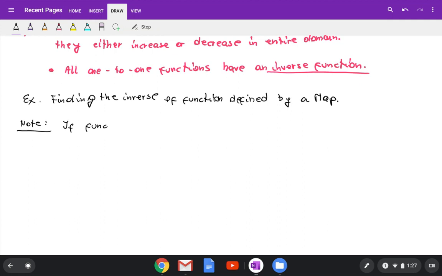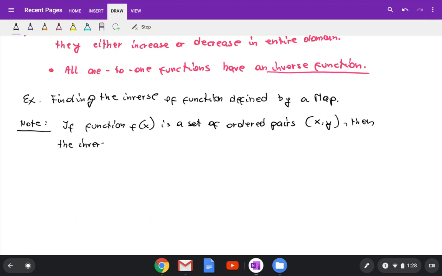If function f of x, which is your original function, is a set of ordered pairs x comma y, then the inverse function of f of x is defined.